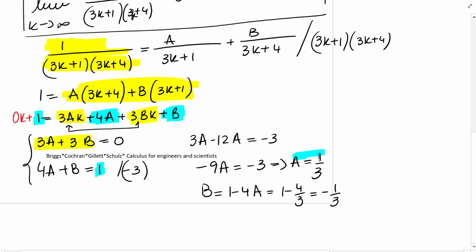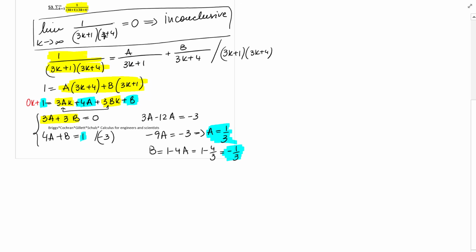Then we calculated and ended up with a equals 1/3 and b equals negative 1/3. What does that mean? It means that our S sub n is equal to 1 over 3 times 3k plus 1, minus 1 over 3k plus 4.